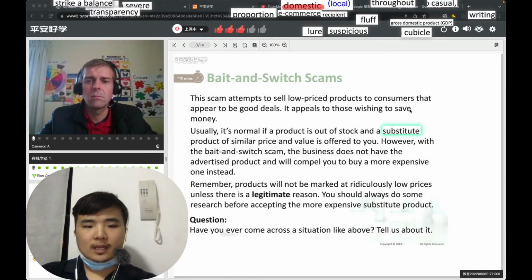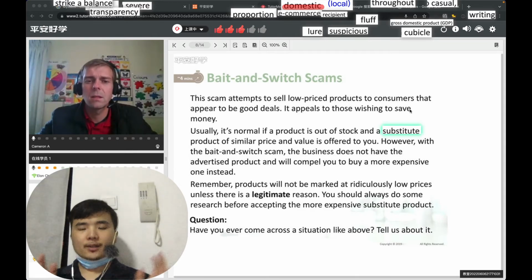However, with the bait and switch scam, the business doesn't have the advertised product and will compel you to buy a more expensive one instead.